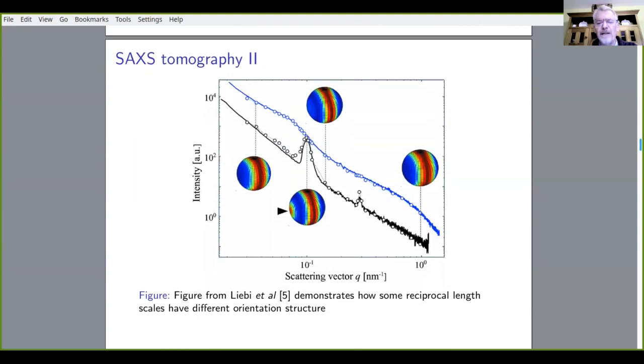So here's again pulled from this paper by Levy's, just illustrating that this is the magnitude of 1 over length, and that at some length scales you may have one preferred direction. There's only really one thing going on, but in some directions you have some more interesting structure.